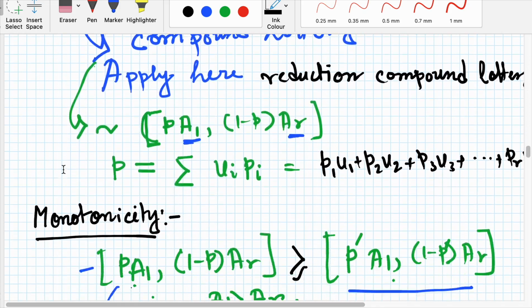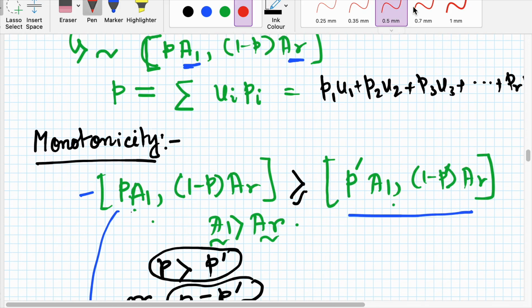And now another important axiom is called monotonicity.